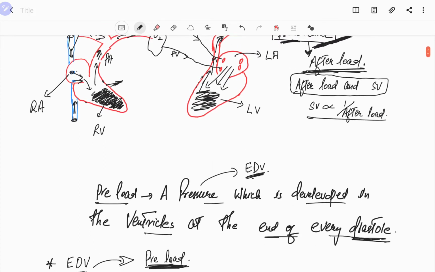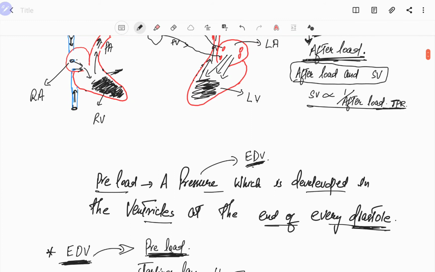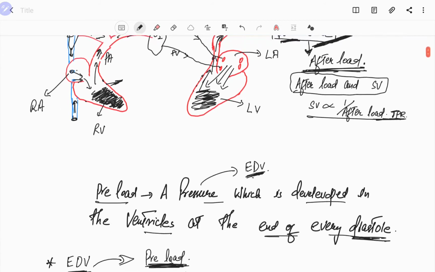See, whenever there is much more afterload, it means that there is much more total peripheral resistance. So at this point, our heart will try to contract, but the opposing force, the total peripheral resistance, will not let it do so, and it will decrease the stroke volume of that heart.